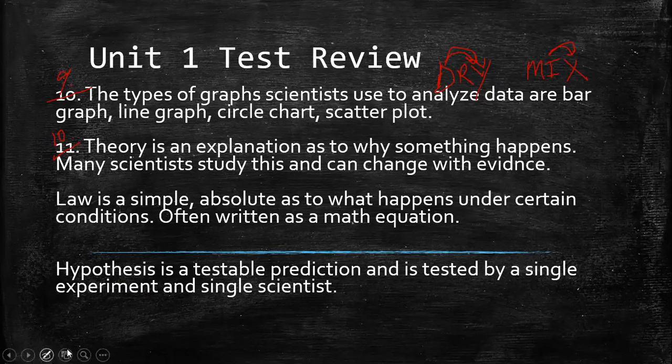And then a hypothesis, remember, a hypothesis is a testable prediction, and it's tested by a single experiment by a single scientist. So it's done one time by a single scientist, and it is able to be tested. Now, if multiple people are able to get the same result of a hypothesis, that hypothesis can lead to a theory.